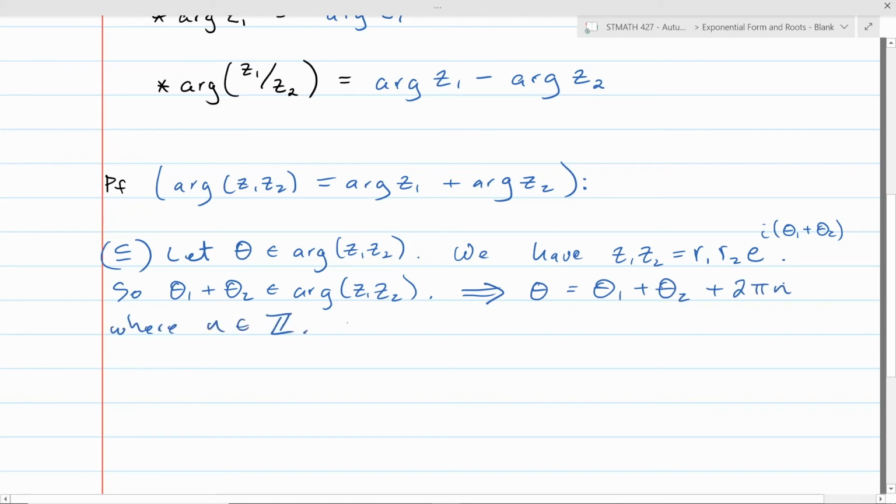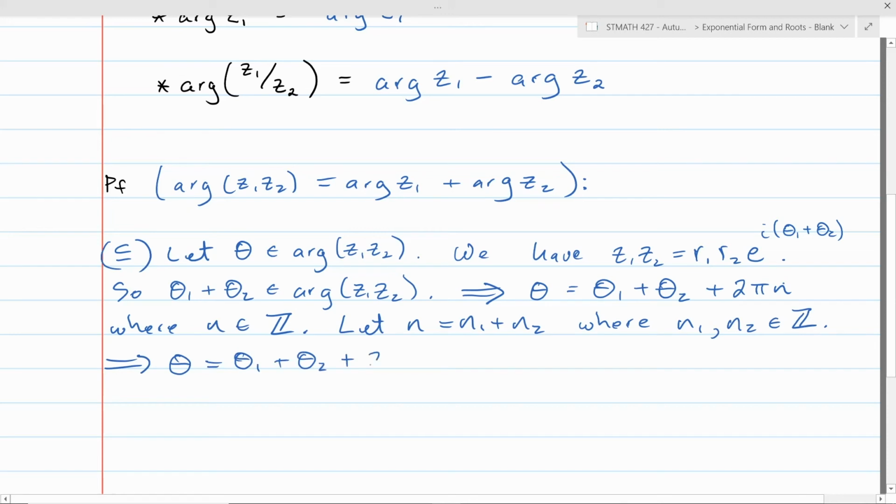We could do a little trick here. We could just split n up into two integers. So let's just let n equal n1 plus n2, where n1 and n2 are integers. For example, n1 could be equal to 1, and n2 could be n minus 1 or something like that. There's lots of choices you could use for n1 and n2 here. Doesn't really matter. So now we have theta equals theta 1 plus theta 2 plus 2 pi times n1 plus n2.